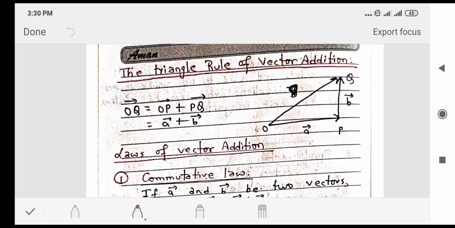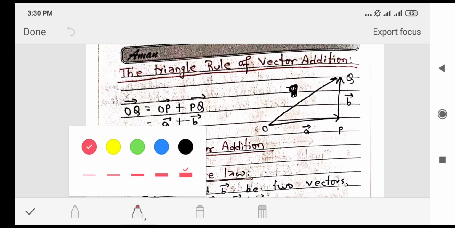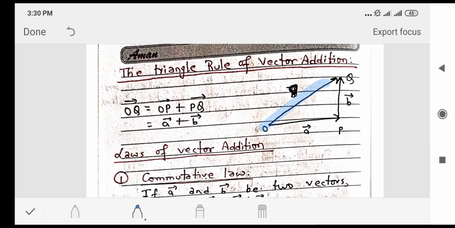So if we have to find vector OQ, then vector OQ will be OP plus PQ. Vector OP is denoted by vector A and PQ is denoted by vector B. So vector OQ will be equal to vector A plus vector B. This simple rule is called the triangle rule of vector addition, which is used quite frequently.